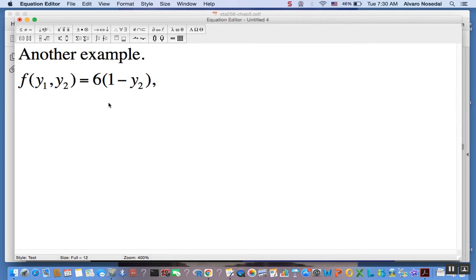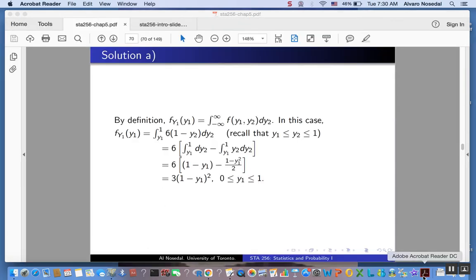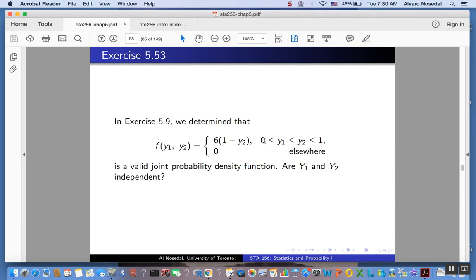And we need this to satisfy a few restrictions. Let me go back to what we had, the expression.